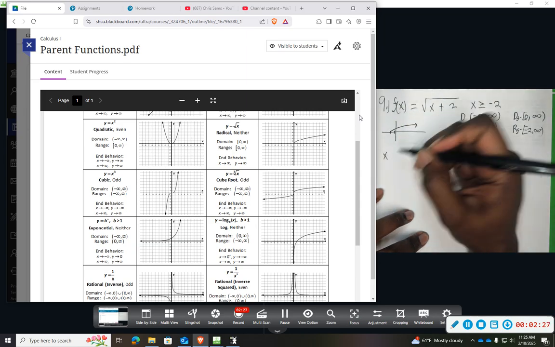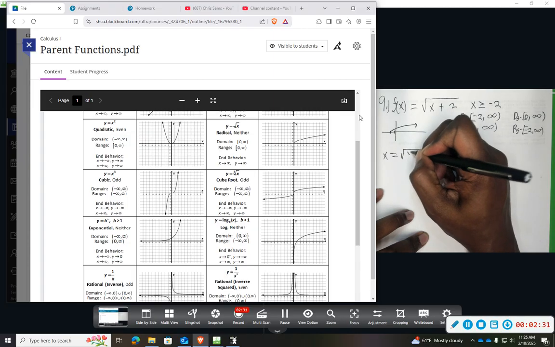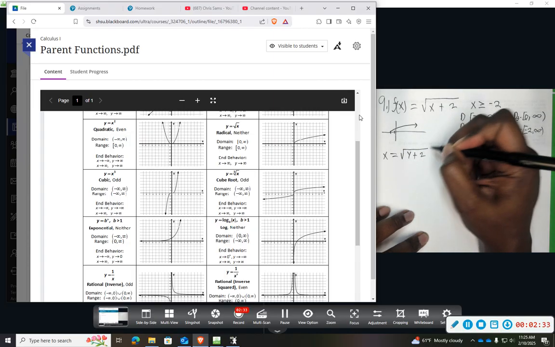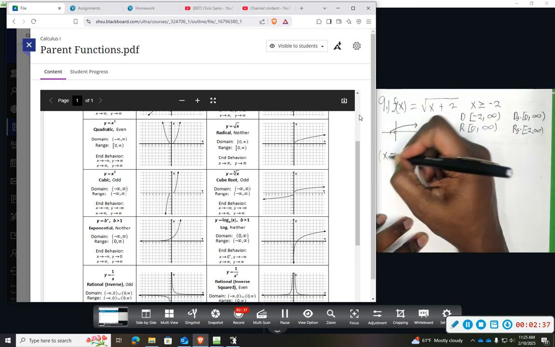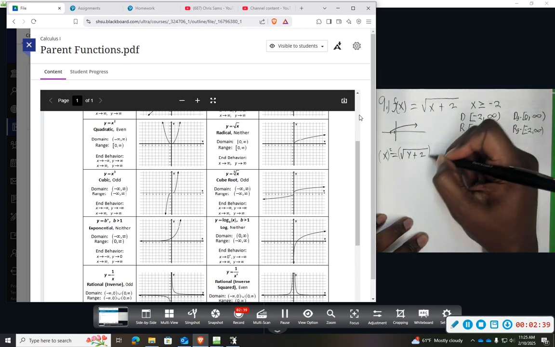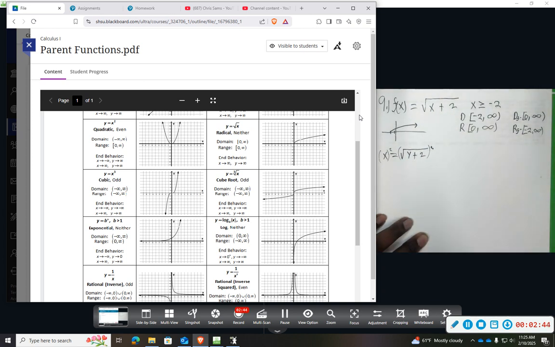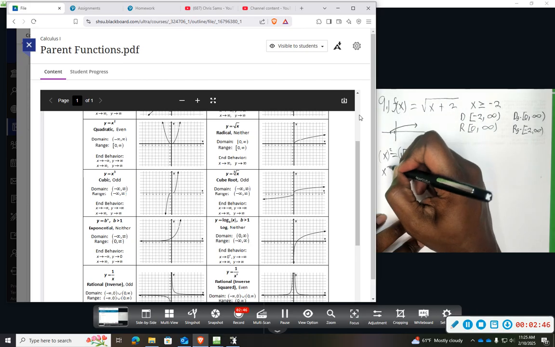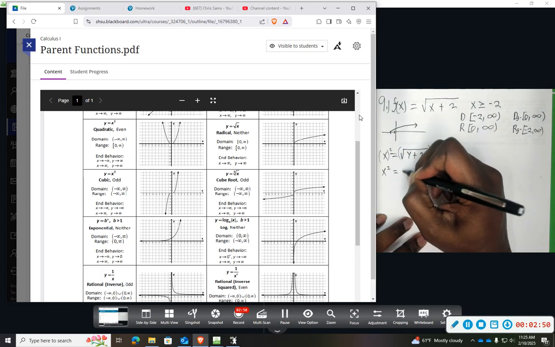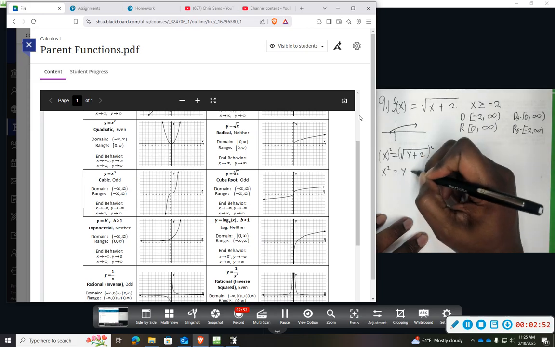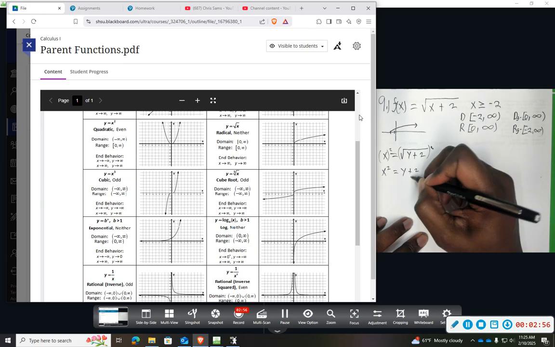Now, to actually solve it out, we're going to write x in the place of y, so x equals square root of y plus 2, and then solve for y. We would square both sides to get rid of the square root, and so we would get x squared equal to y plus 2, and then we would subtract 2.